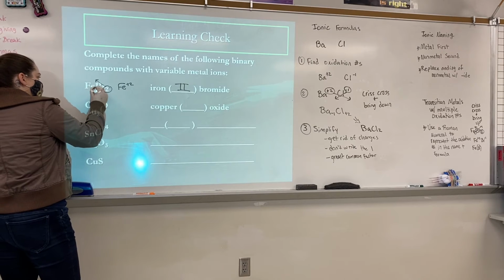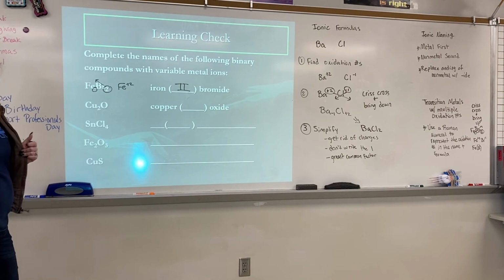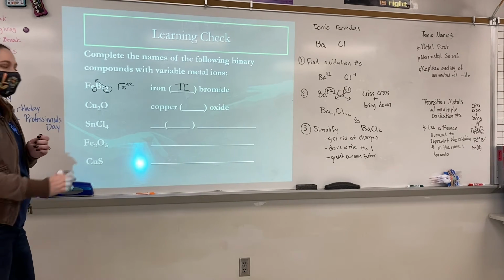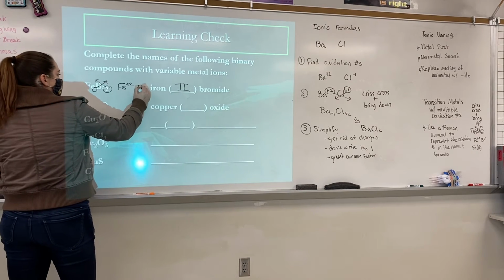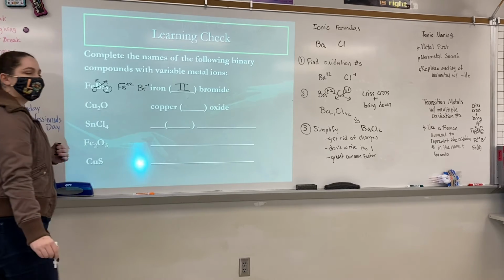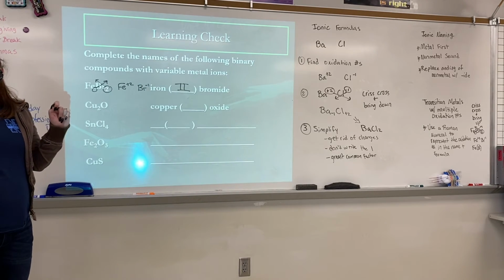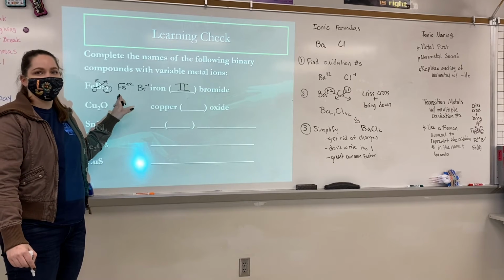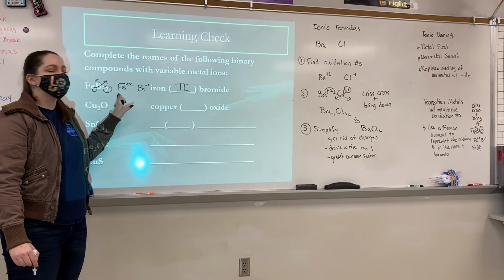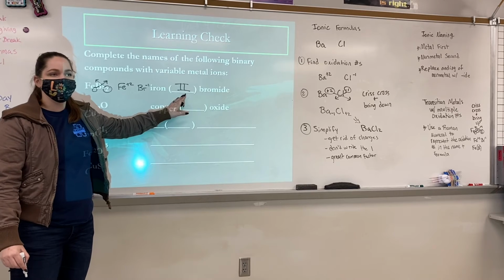There is no number here, which means there is an imaginary what? 1. So that imaginary 1 gets crisscrossed and brought up to the Br. So those are your 2 oxidation numbers. The only one that you are concerned with is the one for the metal, for the iron, because that oxidation number tells you what Roman numeral to put here.